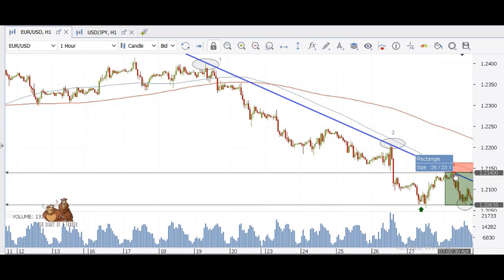So here we sell the pair at 121.40, but actually why I chose this example is because here we also have the 100 MA, which will also provide a very solid resistance to any move that has a tendency to go higher. So what is advisable here is that you use both these lines as resistance. So you will sell at the trend line at 121.40, but you will put your stop loss above the MA 100.